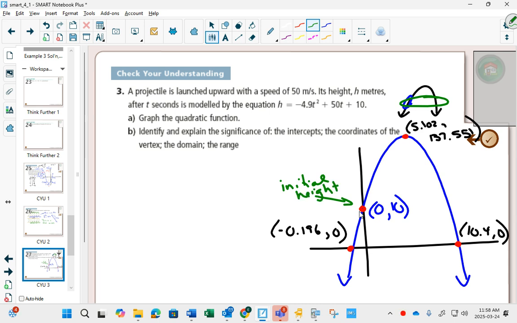That's our initial height. What's the significance of our vertex? We know that at 5.1 seconds, we will hit a maximum height of 137.55 meters.